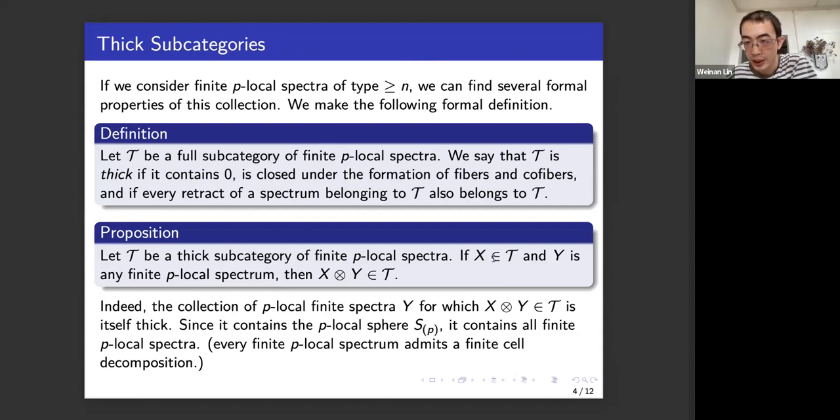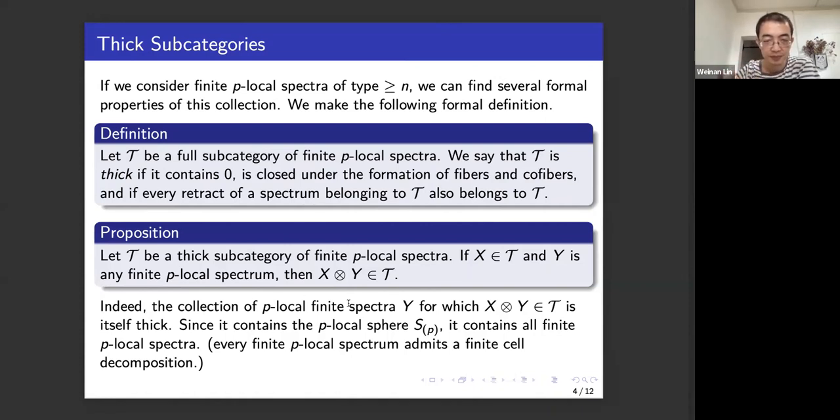If X is in T, and Y is any finite p-local spectrum, then the tensor product should also be in T. Why? Indeed, the collection of p-local finite spectra Y for which X tensor Y is in T is itself thick.